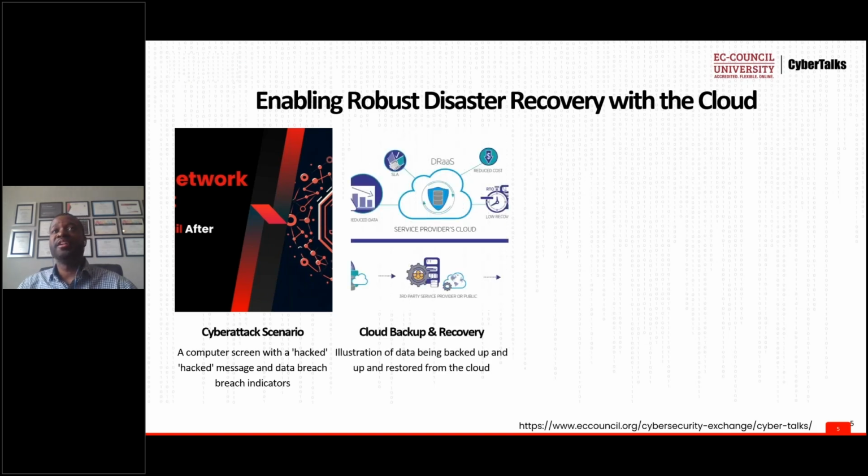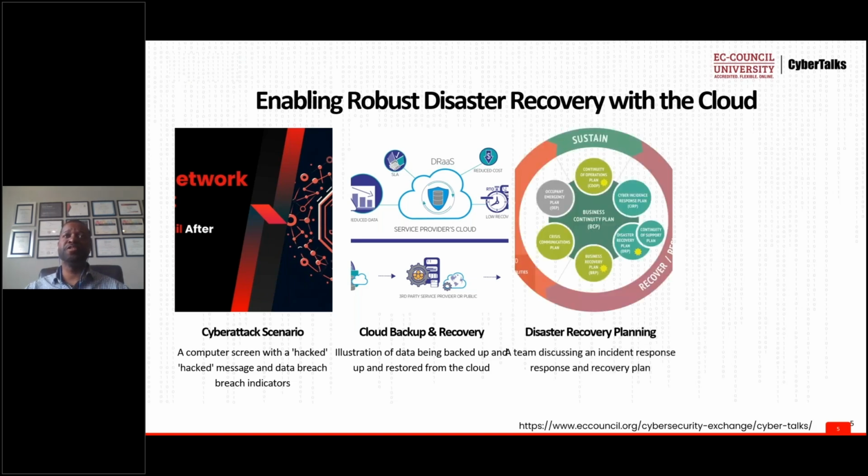Moving to the second panel, you see a cloud backup recovery. This is where cloud services like disaster recovery as a service come into play. Your systems, your apps, and all the data are backed up off-site, ready to be restored rapidly and cost-effectively. Cloud gives you that flexibility and the ability to scale that traditional infrastructure simply can't.